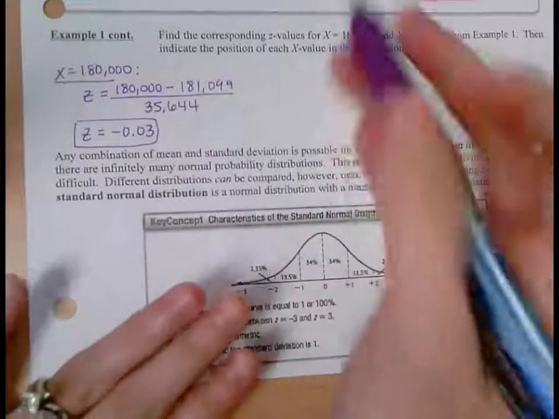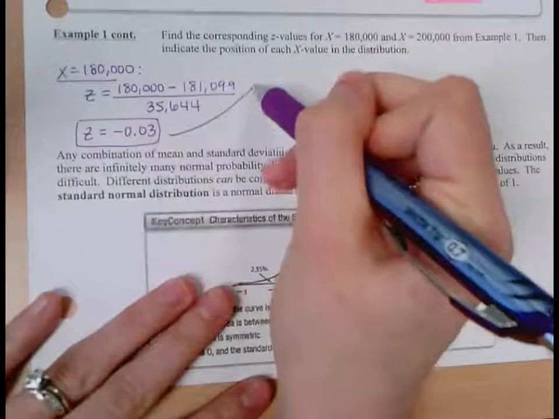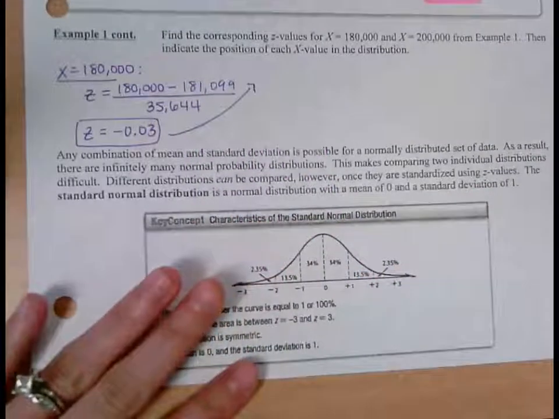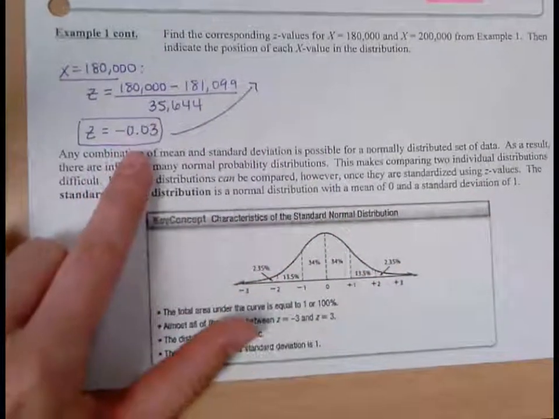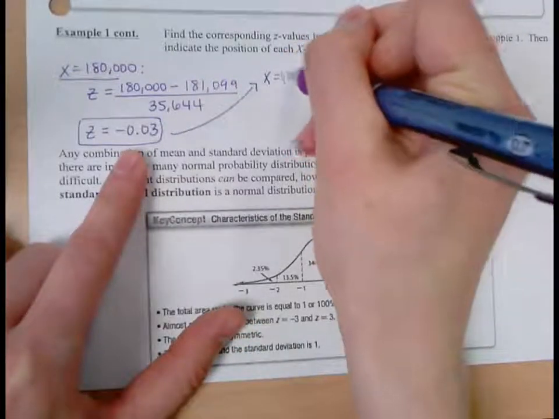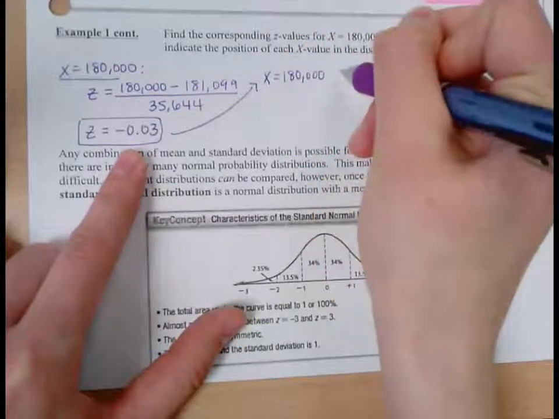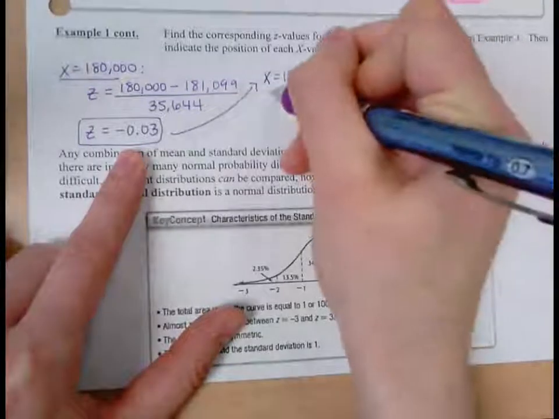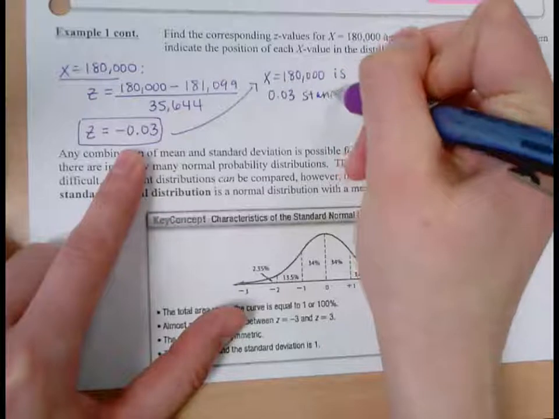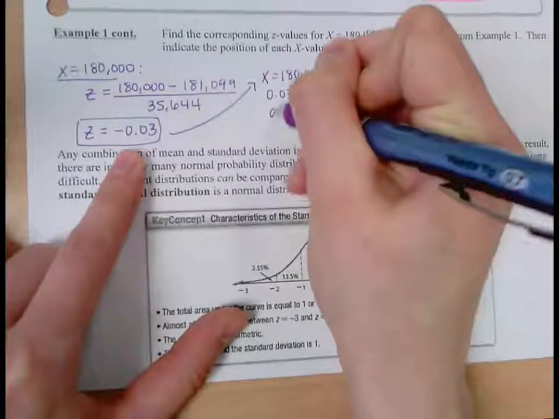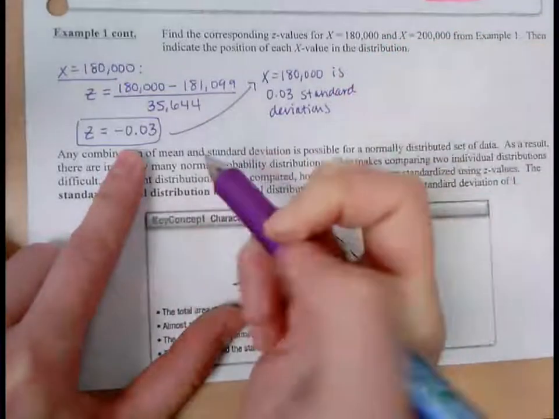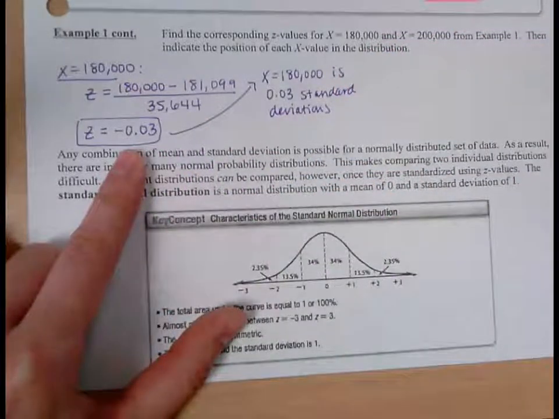Now, because it says to indicate the position of each x value in the distribution, what this z-value means is the x value 180,000 is 0.03 standard deviations, and because it's negative, that means it's below the mean.